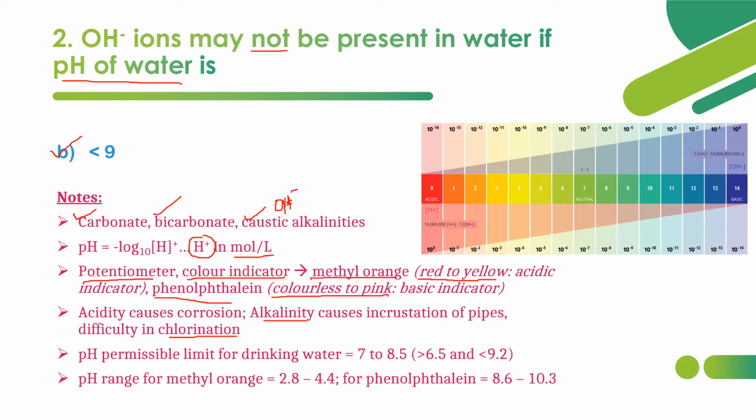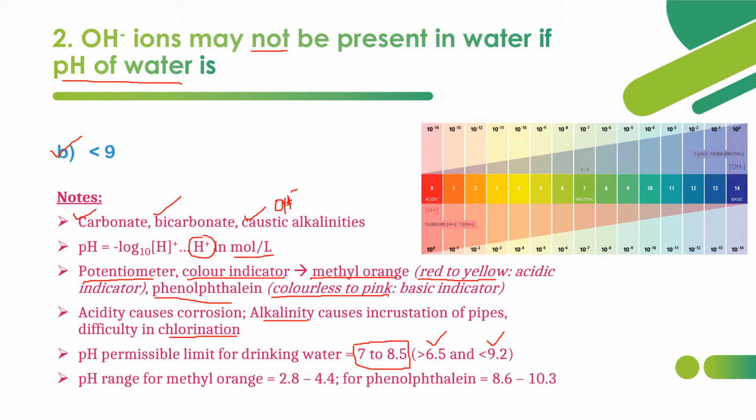The pH permissible limit for drinking water is around 7 to 8.5 as the basic value, and in no case can it be less than 6.5 or more than 9.2. So this is how we have to proceed.